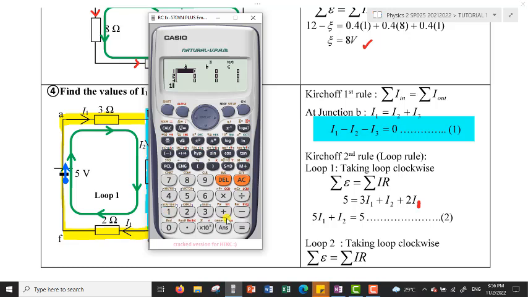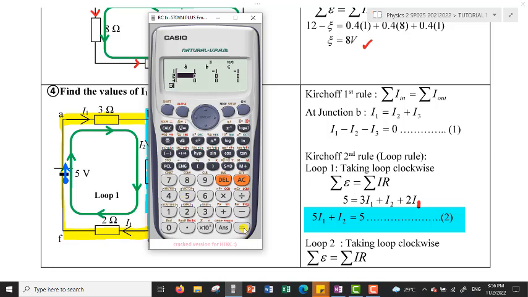So I1 is 1, then we have negative 1, then we have negative 1, then we have 0. Then we have the second equation: 5 I1, I2, then we do not have any I3 for the second equation, so 0, then 5.